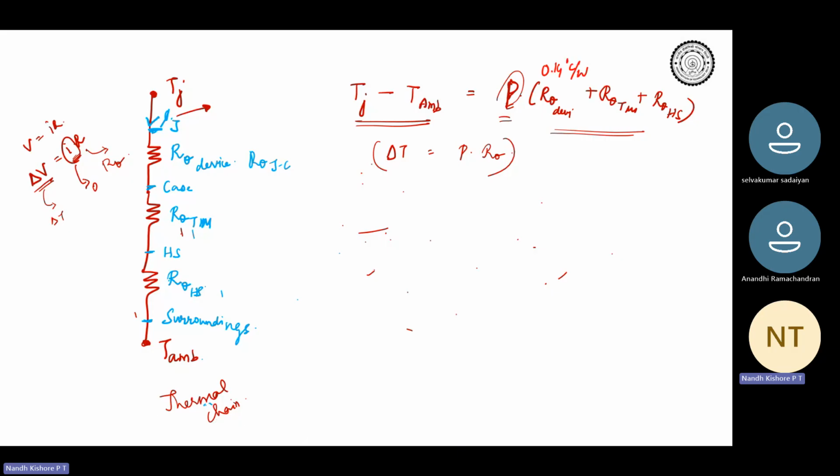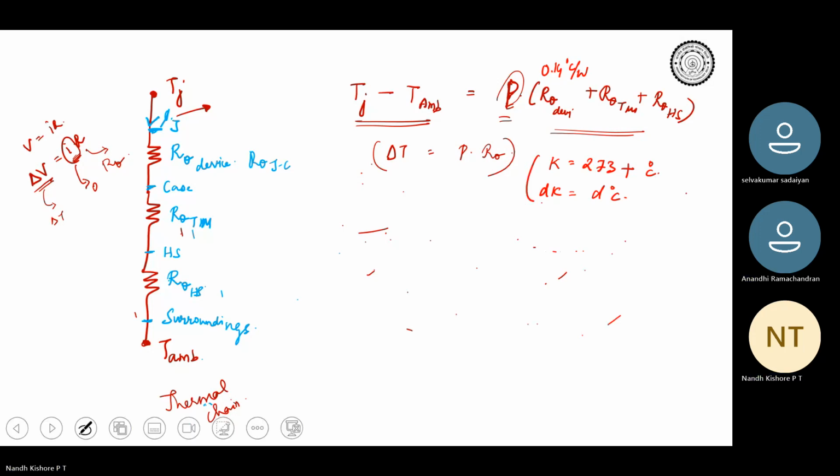Kelvin per watt or degree per watt, both are the same because why? Kelvin is basically 273 plus degrees, right? So if you differentiate it, the differentiation of a constant is 0. So degree per watt or Kelvin per watt is the same. Okay, fine.